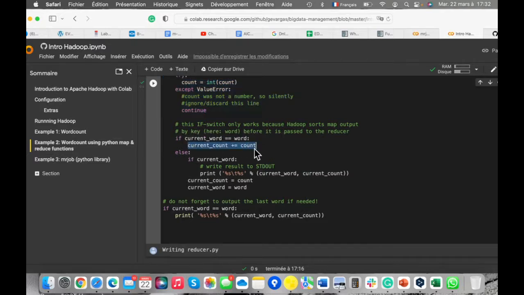So if the current word already exists, then just summate the count. If it doesn't exist, then it creates a new tuple with the new key and the current value, which is 1, because it initiated this with 1. And so on and so forth until it exhausts the list.